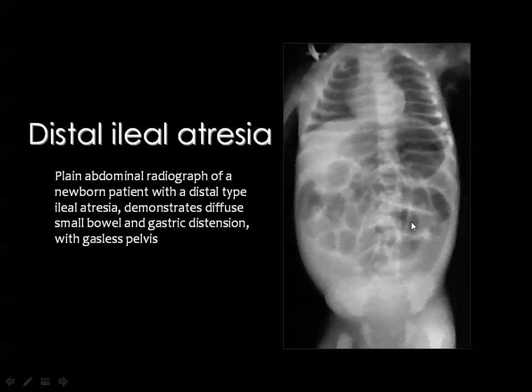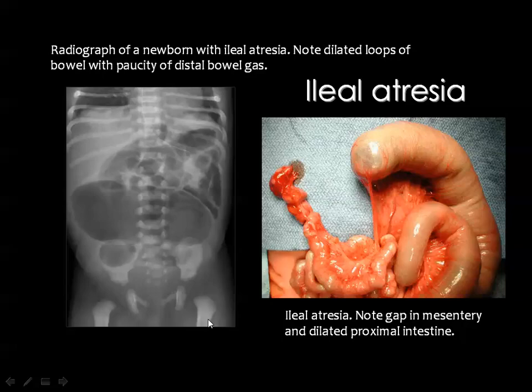And if you have the erect film, you can see multiple air fluid levels. One of the possibilities of distended bowel loops containing air in the supine film and air fluid levels in the erect film is atresia of the ileum, meaning that there is distal small bowel obstruction.